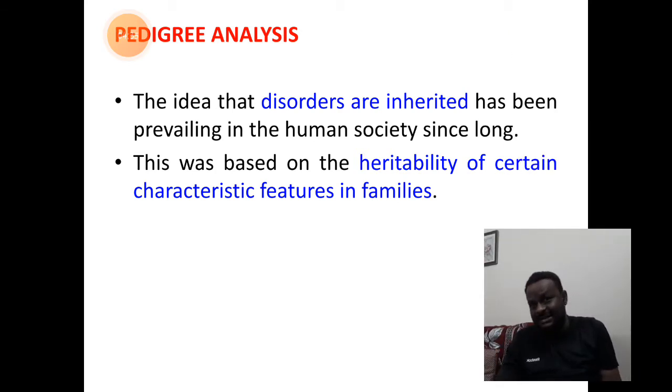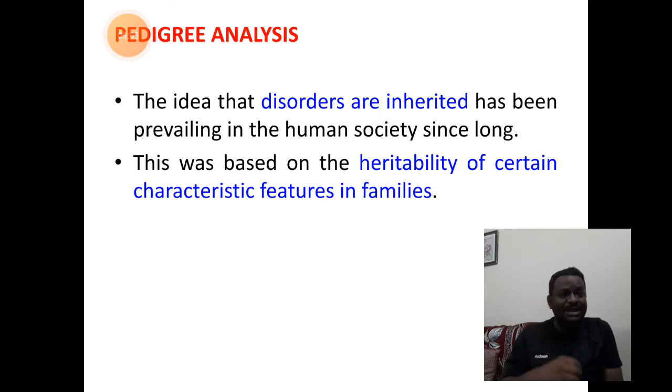So what is pedigree analysis? Generally, the idea of disorders that are inherited is very common in human society since a long period of time.